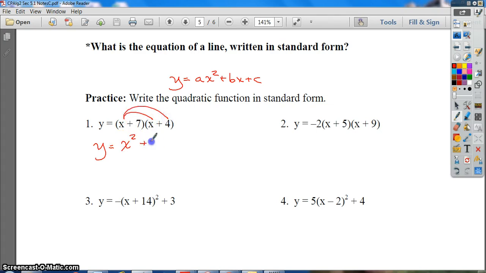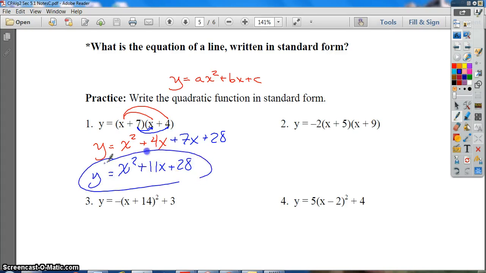Here's my second. I'm done distributing the x into both, or should I say finished. Now I'm going to multiply the 7 in. So I'm going to distribute the 7 into the x plus 4. So that's 7x plus 28. Combine like terms, this is going to finish up with. Okay, please stay humble and show your work so that way I know everybody's on the same page.